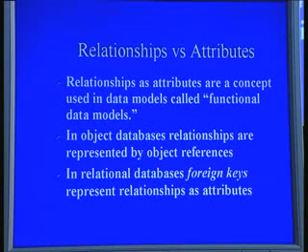In some kinds of data models, like what are called functional data models or in object databases, relationships are almost always referred to in the form of attributes. For example, in object databases you talk about relationships by storing an object reference. Let us say you have a relationship between employee and department, so there is a reference to a department object within the employee object and vice versa, and a reference to an employee object in the department object and so on.